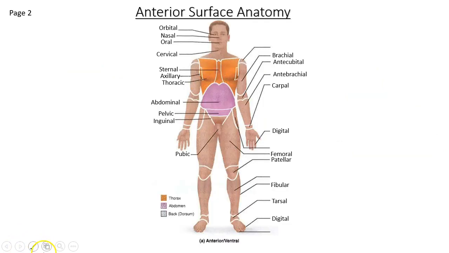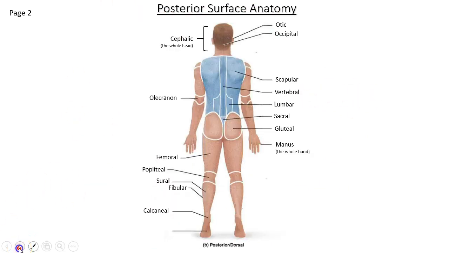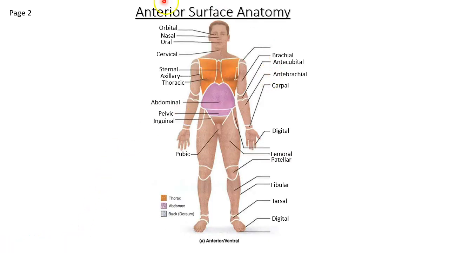And then we'll talk about anterior surface anatomy and posterior surface anatomy. So basically, we're just going to memorize all of these things here, right?